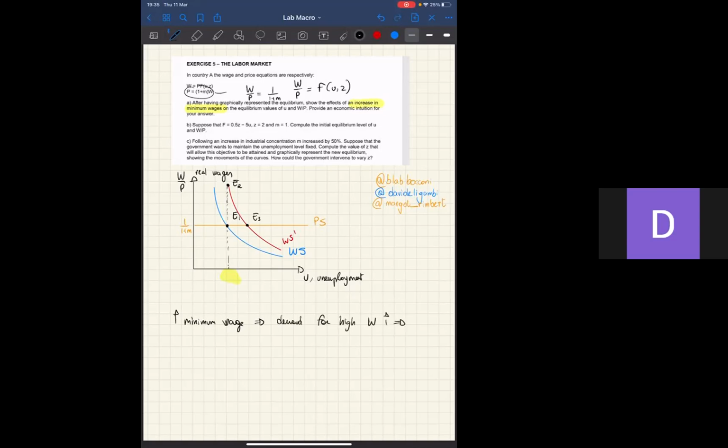However, firms have not changed their stance whatsoever. They're not going to be willing to grant higher wages, meaning that the price setting equation is going to stay fixed, and the overall equilibrium is not going to change in terms of W over P. What is actually going to change is our unemployment level. So U2, this one was U1, is actually going to increase. Therefore, U is going to increase.